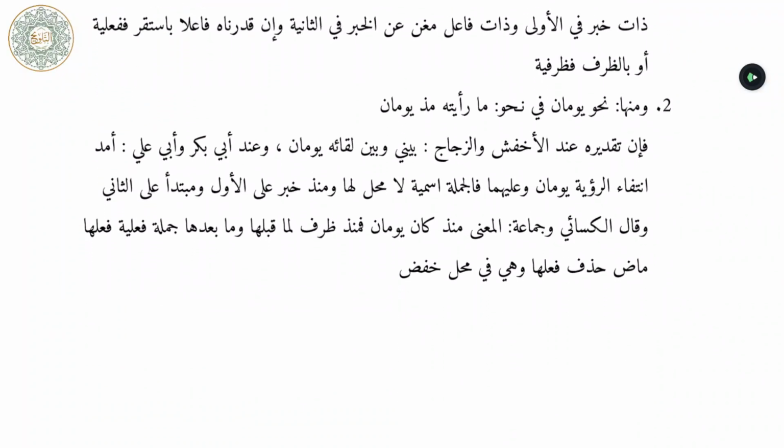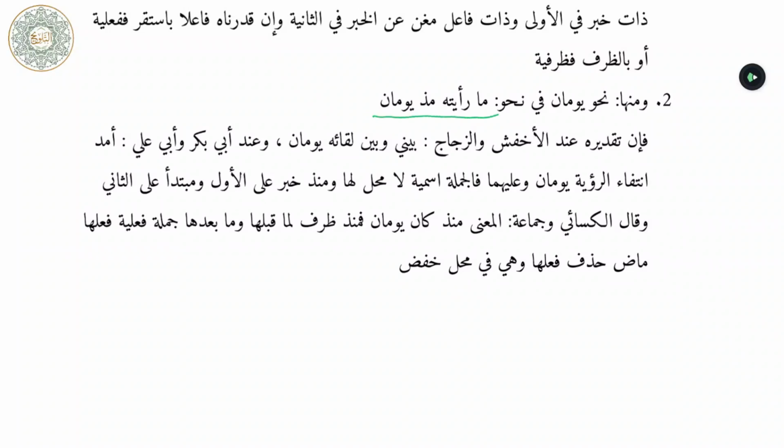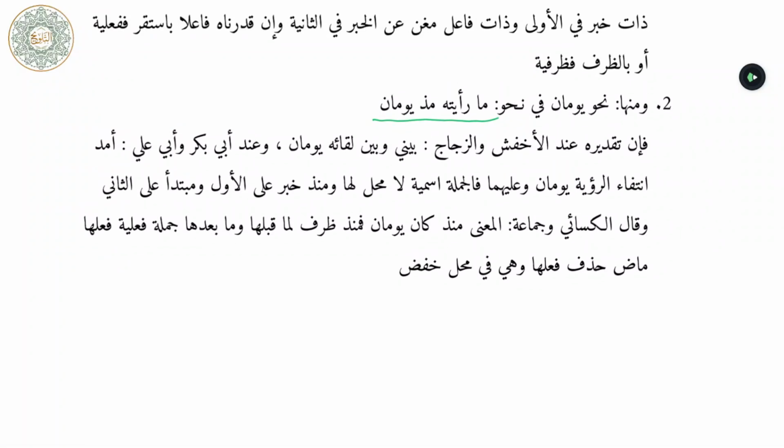ومنها نحو يومان. This is a good example. ما رأيته مذ يومان. I have not seen him since 2 days. Now, how is the i'rab of this done? ما رأيته منذ يومان. When you have يومان in rafa coming after mudh or mundu. Okay. So they have different interpretations.